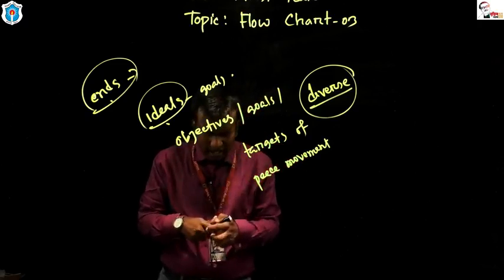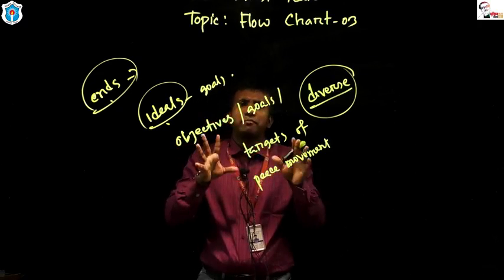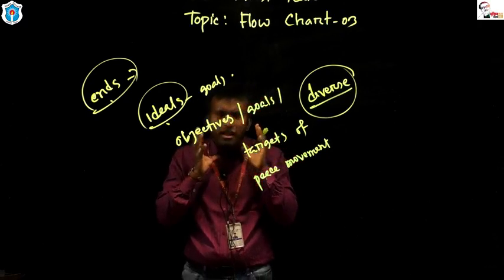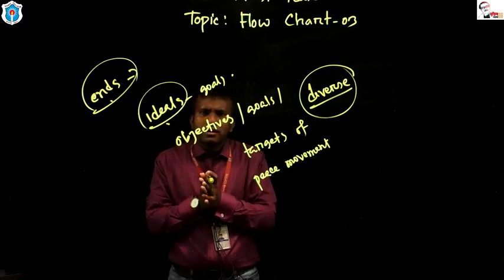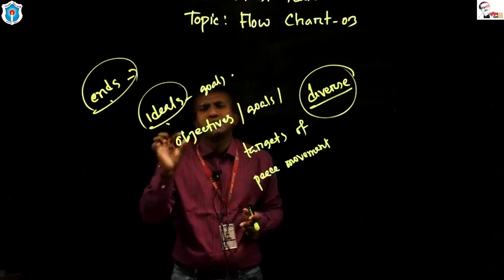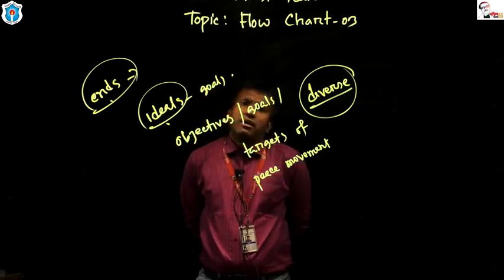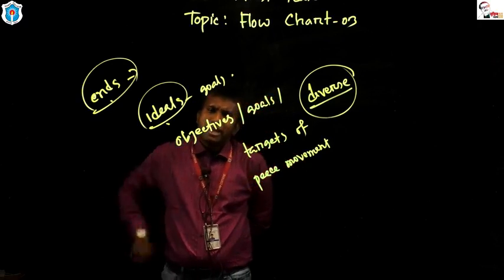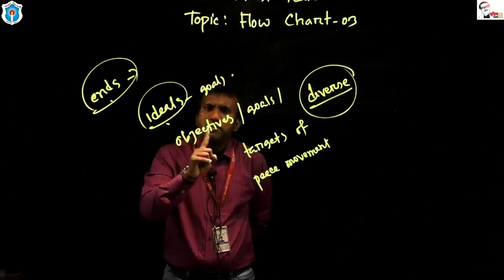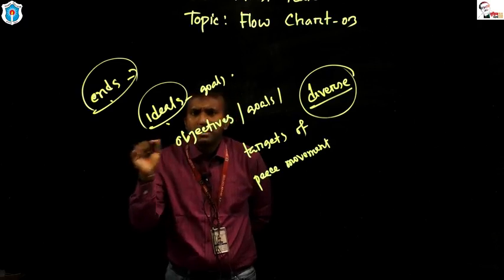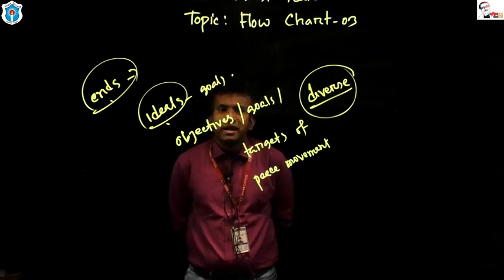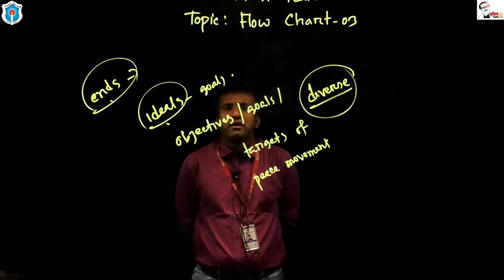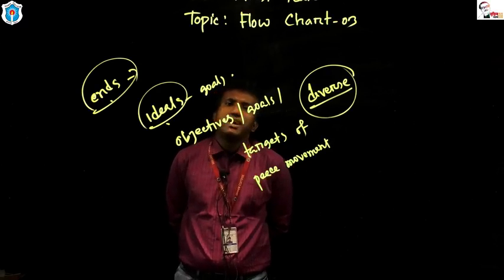So my dear students, up to this part we have completed the understanding of the first paragraph. I'm going to give the summary of this first paragraph. A peace movement is a social movement. It's the first information in the passage. With this peace movement, we look for some ideals. We want to achieve some ideals.